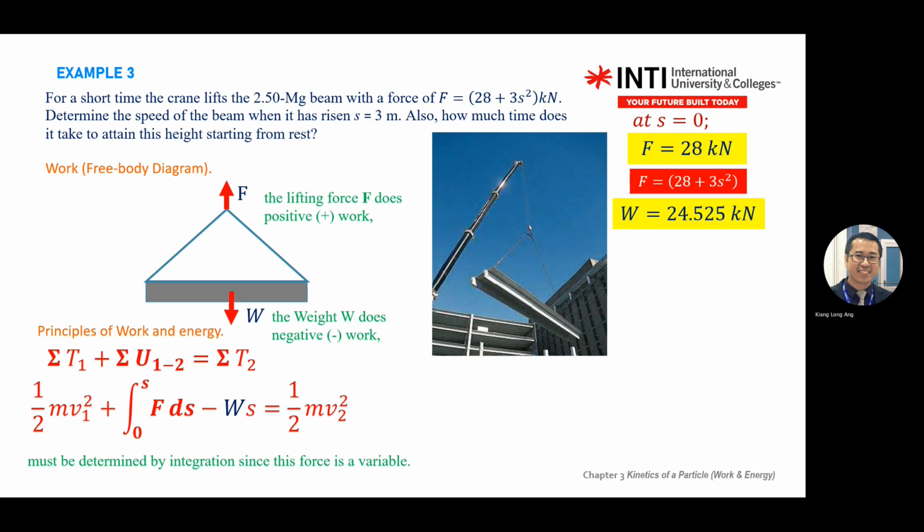28s plus 3s cubed, then divide 3, then you substitute the s. This one cancel.